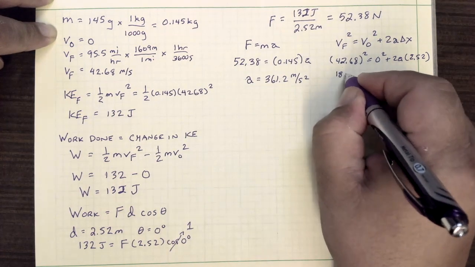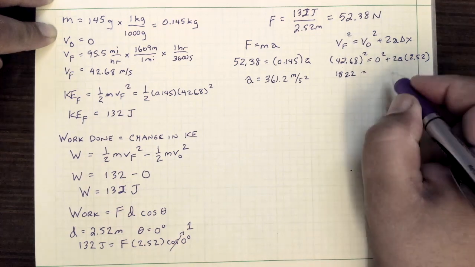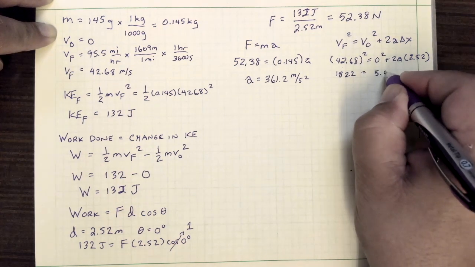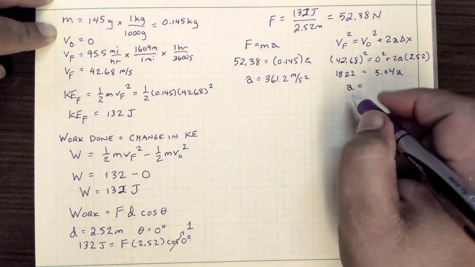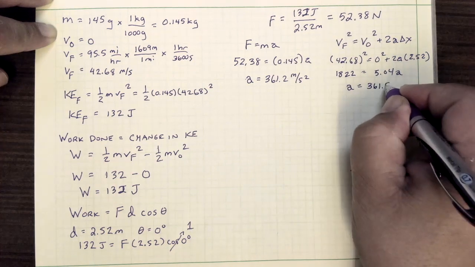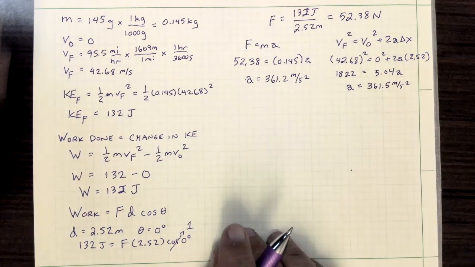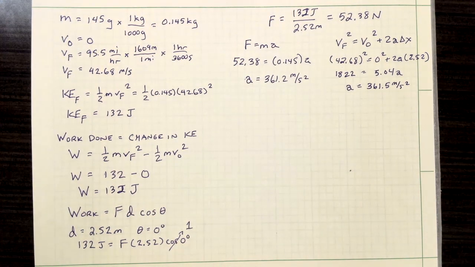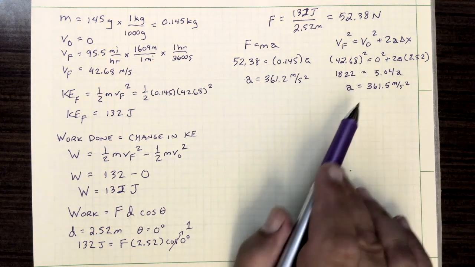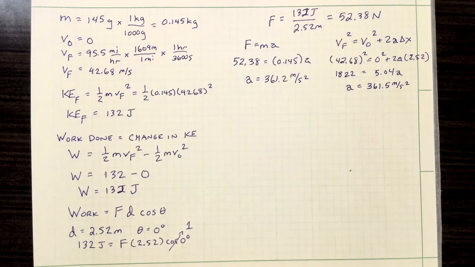We square the final velocity, divide by the displacement multiplied by 2, and we arrive at a value for the acceleration of 361.5 meters per second squared. There's a slight difference between these 2 numbers, but we can account for that by rounding error. The 2 values are actually quite close to each other. Notice that this method does not require us to first calculate the force, but it's a nice check assuring us that we did calculate the force properly.